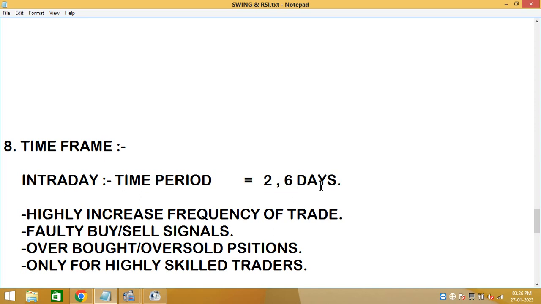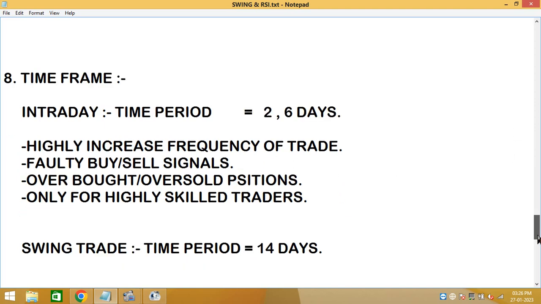That will depend upon the volatility of the stock. Now we are working on 14 days. You see here, I will just show you here. We are working in RSI by default on 14 days. But if you change it anywhere between 2 to 6 days for intraday trading, then friends, what will happen?